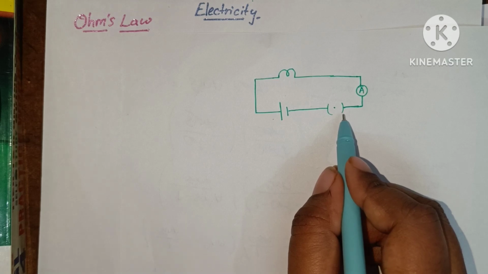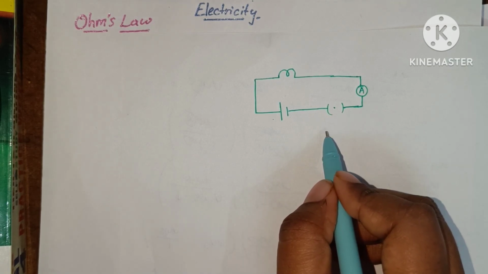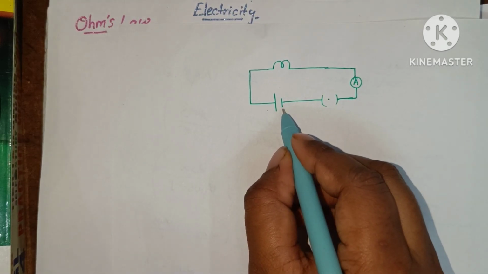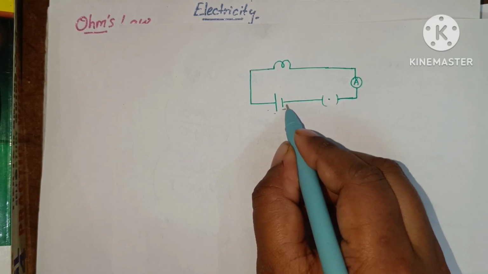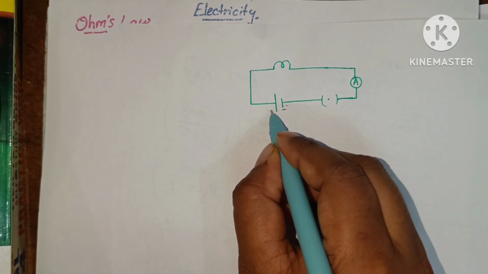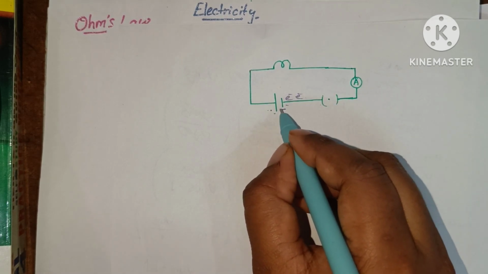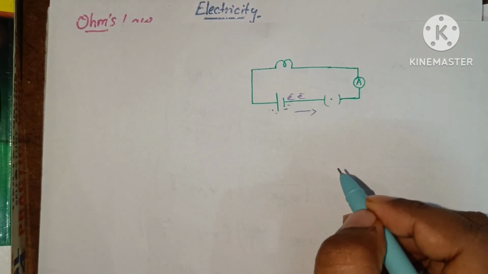But madam said the current flows the way the electrons move. So how is it possible? Actually, the current will flow from negative terminal to positive terminal only, because the electrons move from negative terminal to positive terminal, right? So when electrons move from negative to positive terminal, then current also flows from negative to positive.